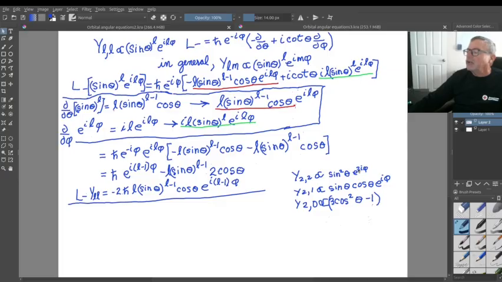If we go on to the next one, notice this cosine digs itself in here when m equals L minus 1, and then when m equals 0, that's going to be sine to the 0, and that'll be just 1, so we're left with 3 cosine squared theta minus 1. Now this last part, all I want you to do is focus on the cosine squared theta and not where the 3 and the minus 1 came from.